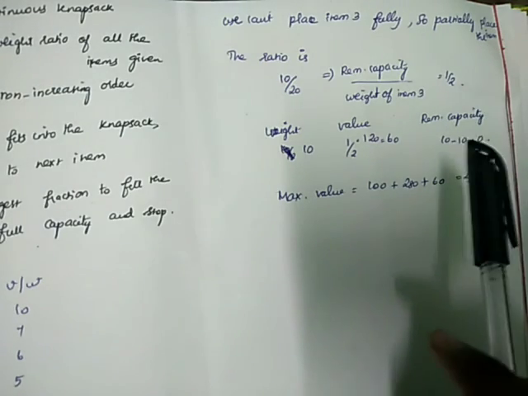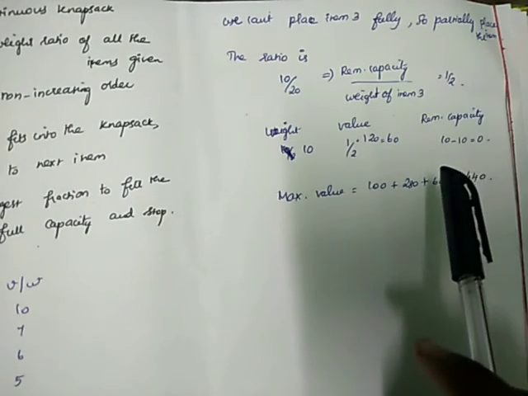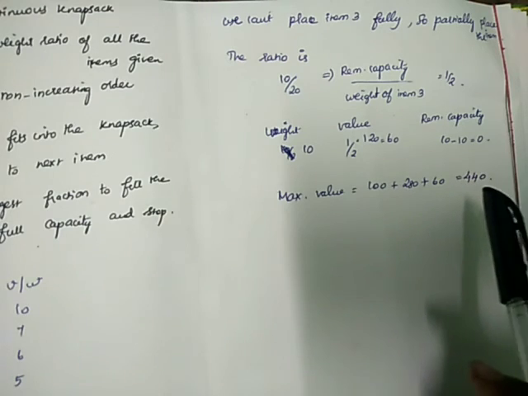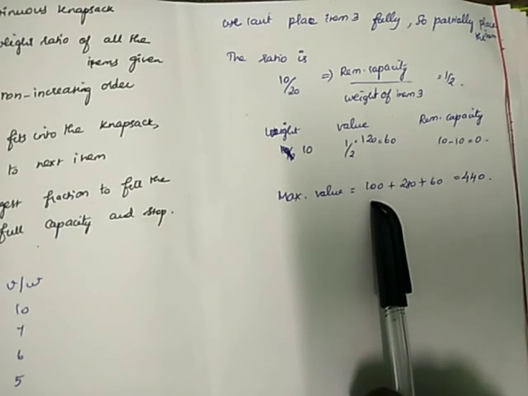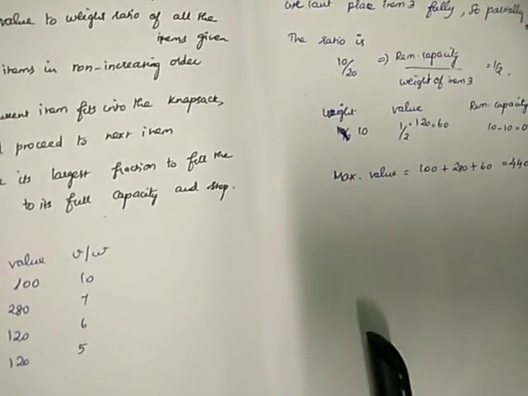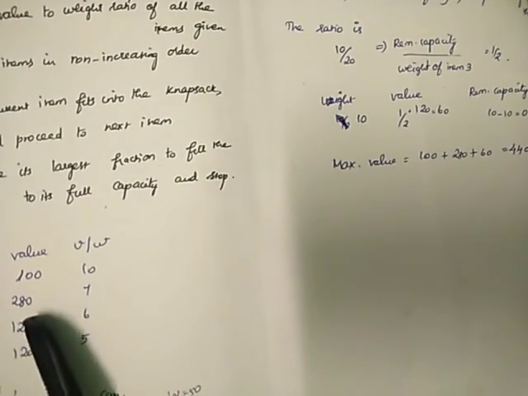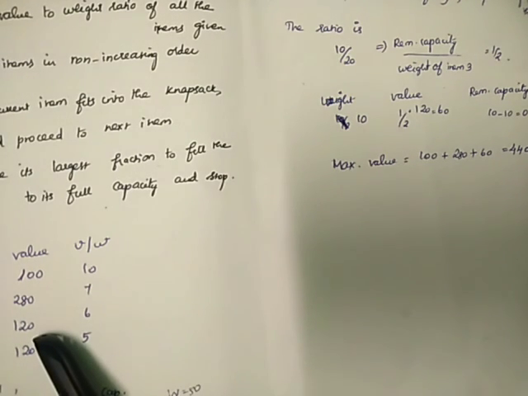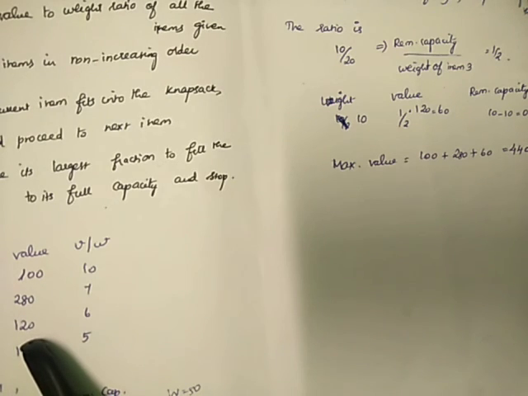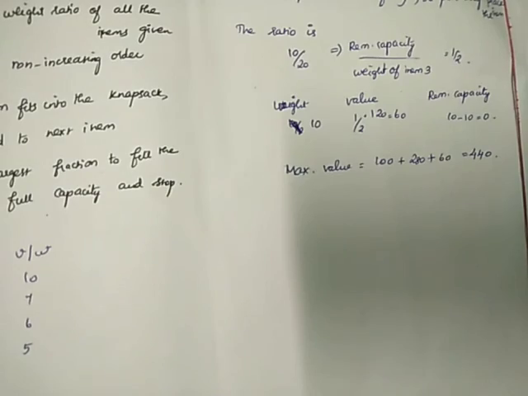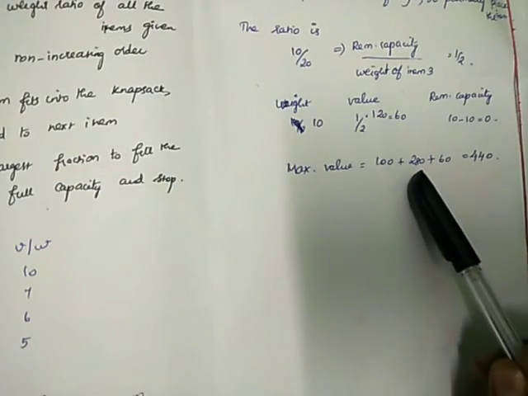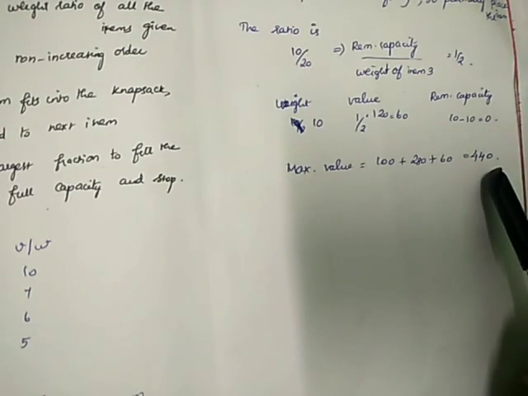So half of item 3 can be taken. Then the value is calculated: first item value is 100, second item value is 280, and half of the third item gives 120 times 0.5, which is 60. So the total value of the knapsack is 100 plus 280 plus 60, which is 440.